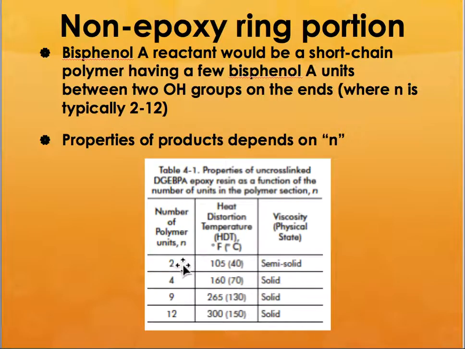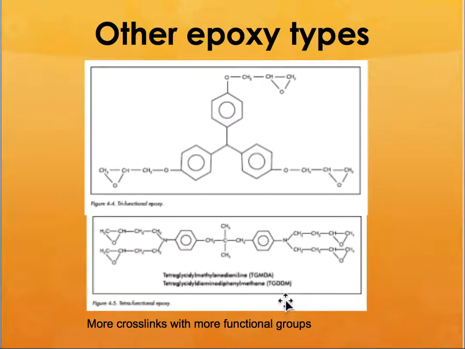If you had two, then the heat distortion temperature would be about 105. If you have more units, then the heat distortion temperature goes up. Which means that by selecting the right kind of epoxy, you can get the right kind of heat distortion temperature. There are other epoxy types where you can have more crosslinks with more functional groups, so the properties will change accordingly.